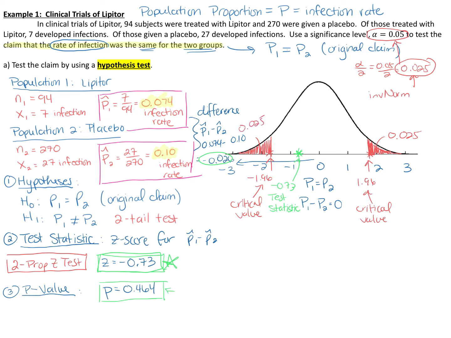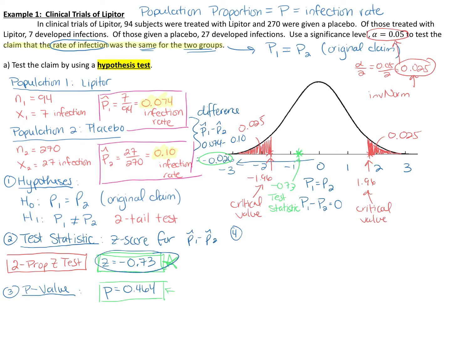Making a conclusion, that's step 4, making a conclusion about the null hypothesis. If you're using the test statistic, that value, negative 0.73, I hope you can see in the graph that the test statistic does not fall in the critical region, meaning it doesn't fall in the tails.